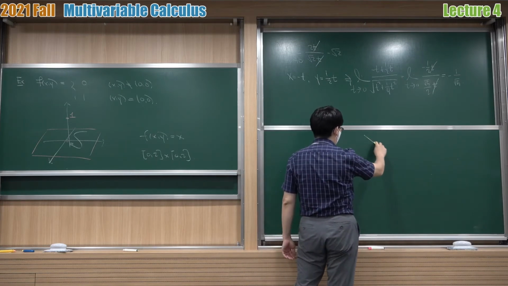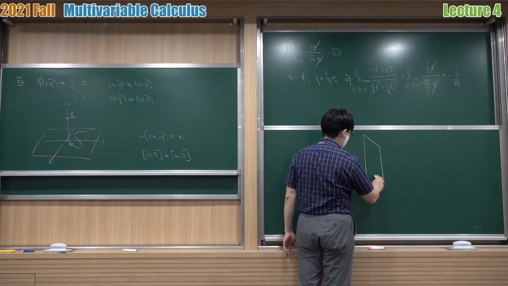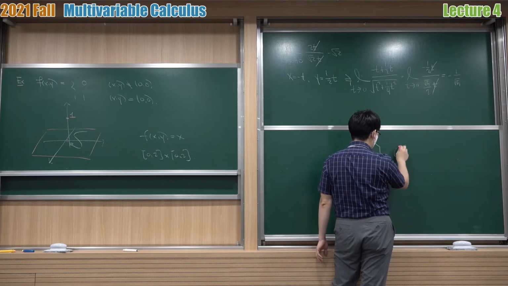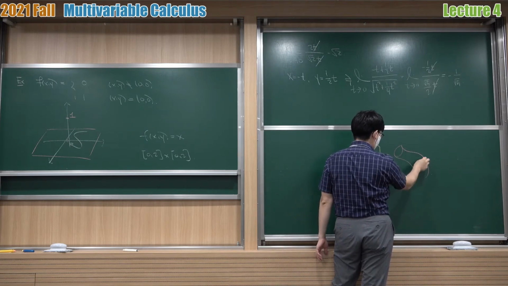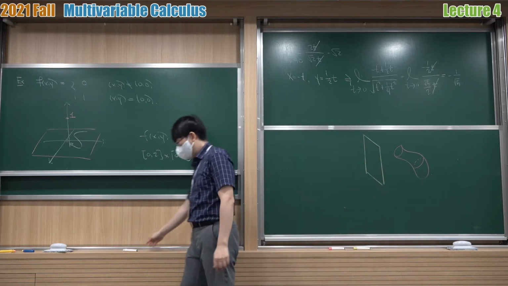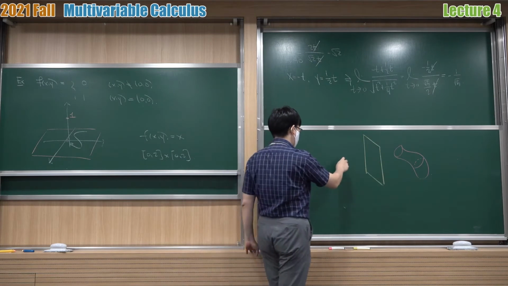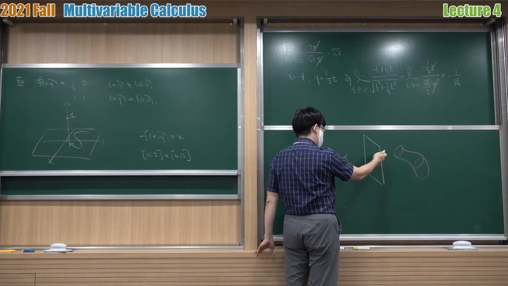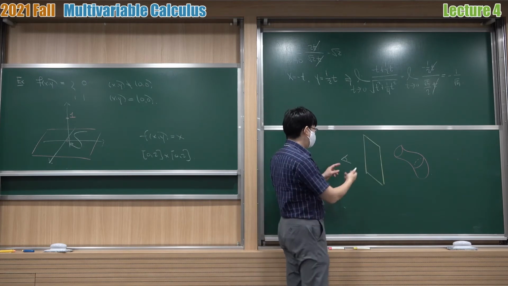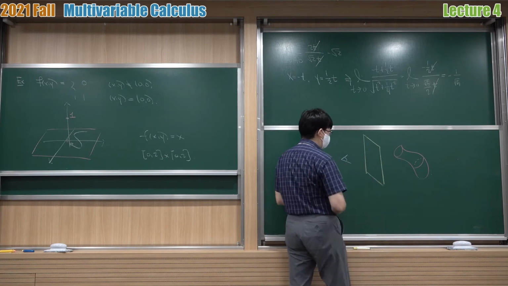So here, let's say we have a canvas here, and here's some three-dimensional object here, and you are looking at it through this canvas as if it's a glass. So you can see through this glass on your object.